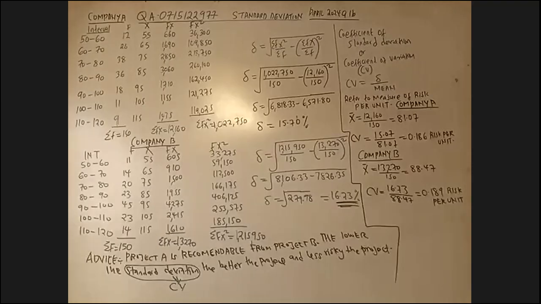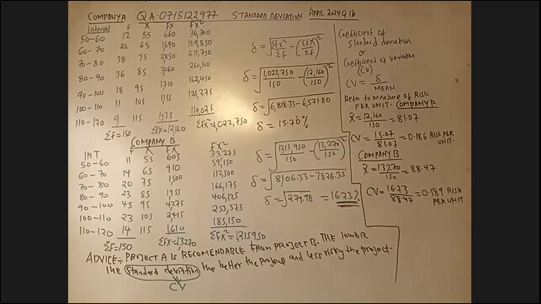We got the standard deviation of company A was 15.70. But when finding the CV, we took 15.07, whereas we are supposed to take 15.70 divided by 81.07.